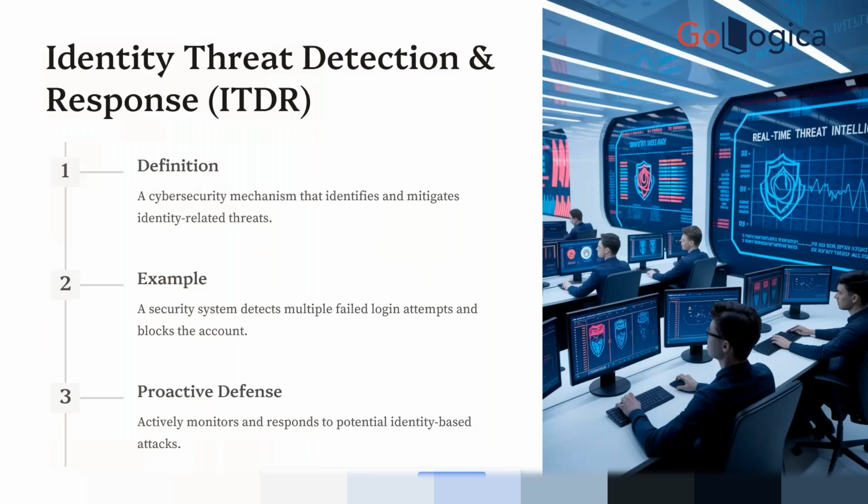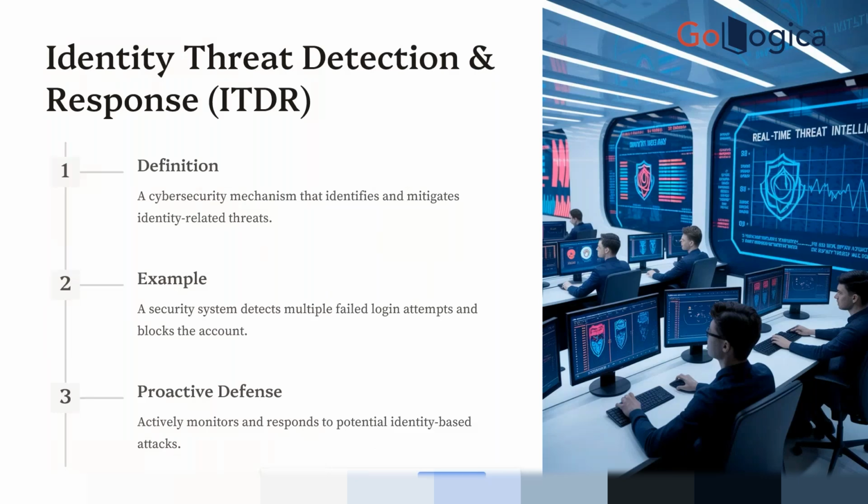ITDR is one of the terminologies we can find in the IAM sector, the identity and access management area, where organizations are built in IAM. What exactly is it part of? It is part of the SOC, the security side. Whenever we find any kind of threat coming to our organization, we can detect it and make a response.